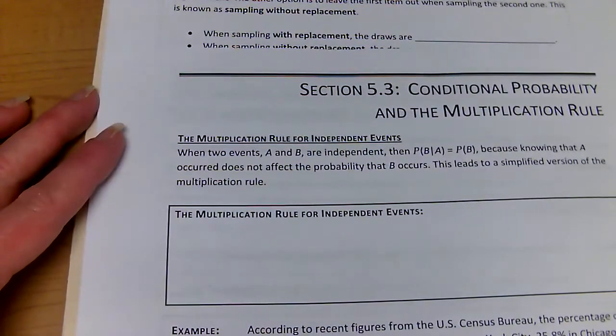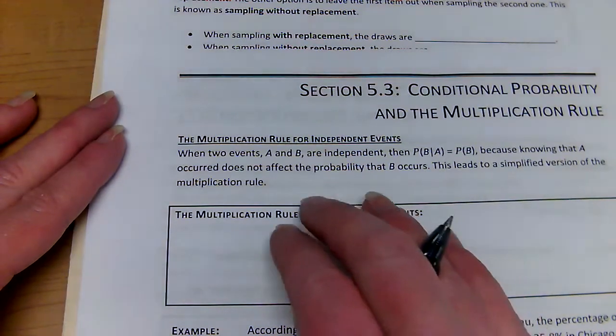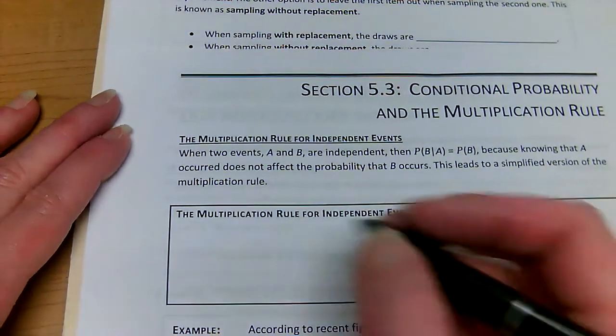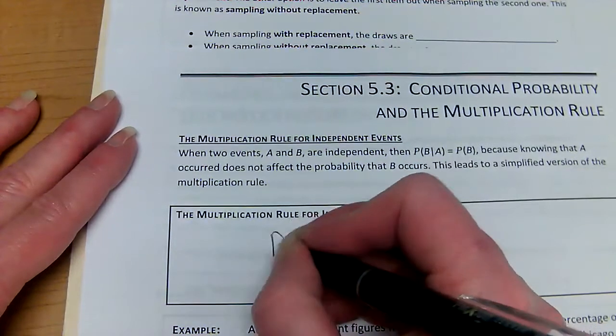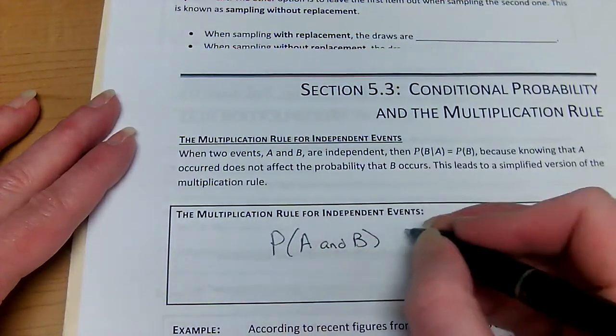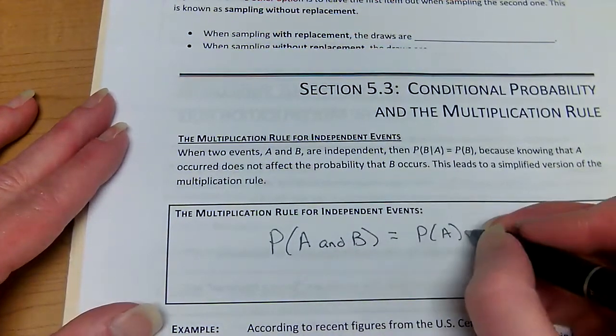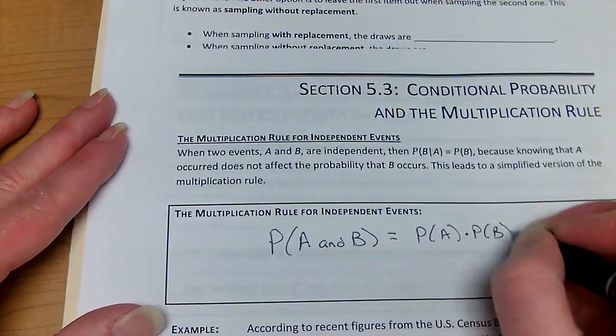Well, if they're independent, then they're not affected by each other. So if they are independent, the probability of them both happening, they're not depending on each other. It's just the probability of A times the probability of B.